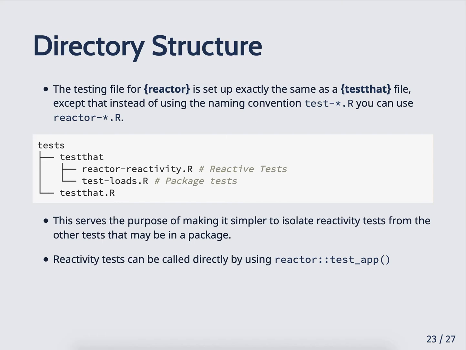The reactivity test can be called directly using test app. This way, if you're using a package such as golem in order to create your app and maintain your app, you can test reactivity and the package itself in two different settings.